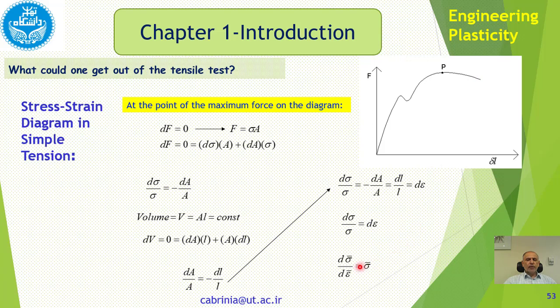In other words, this sigma bar is an effective stress. Okay, how do we get effective stress? We will see later on how we can calculate sigma bar in terms of components of sigma in x direction, y direction, z direction, or principal stresses. But this is the effective stress.